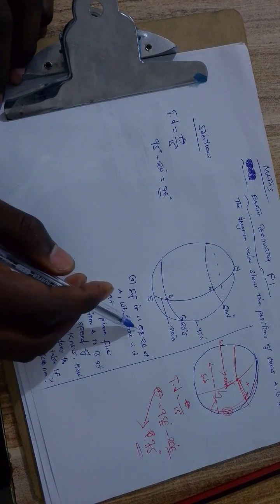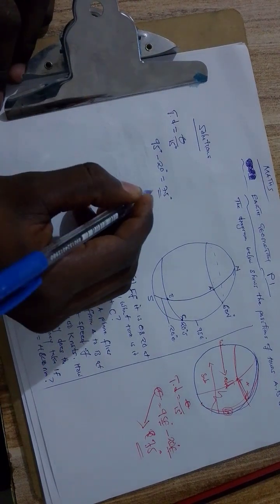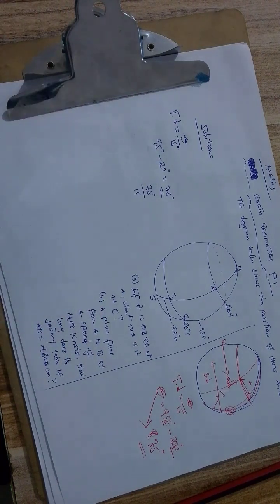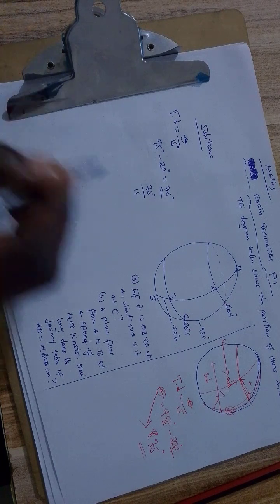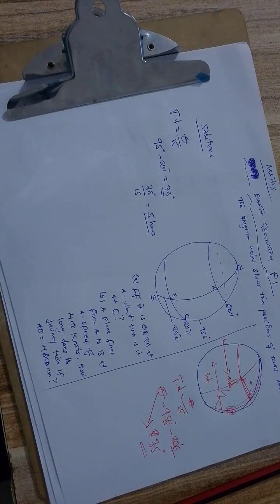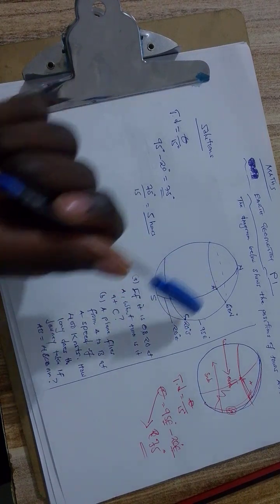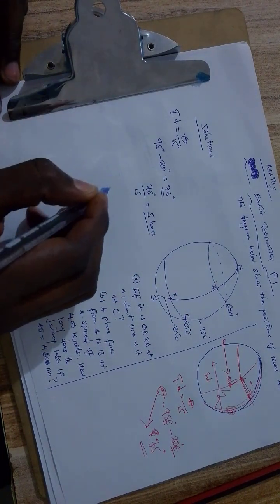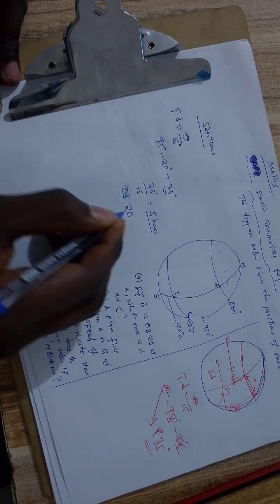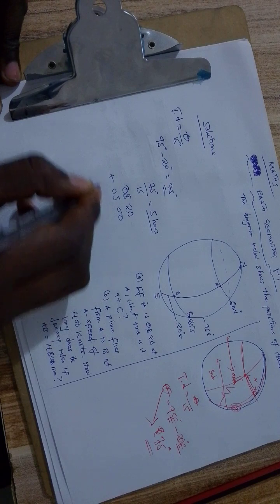Therefore, we say 75 degrees over 15. So 15 into 75 gives 5 hours. So 5 hours is the time difference. Moving from A coming to C, we need to add. So we say 0820 plus 05 hours.